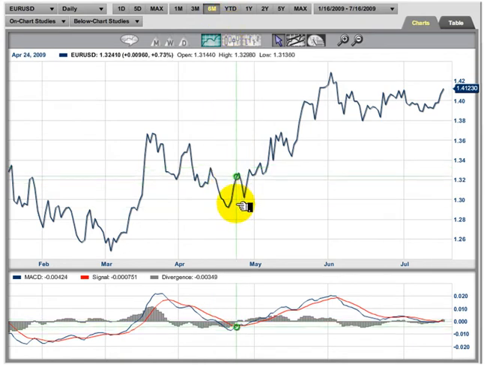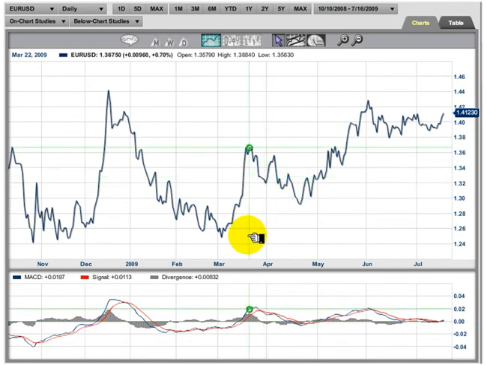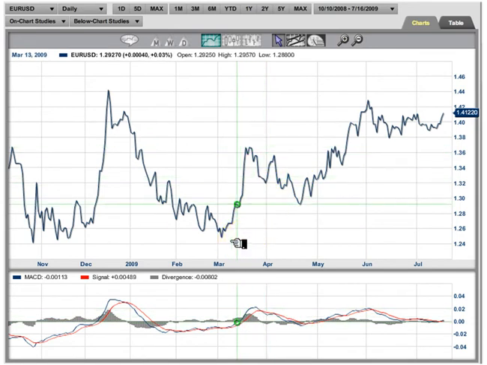Now I'll scope this out a little bit so you get an idea. What's been very consistent is these swings from here to here and from here to here, and we think there's going to be another one, from here to here. Now the question is, how far are they going to go?